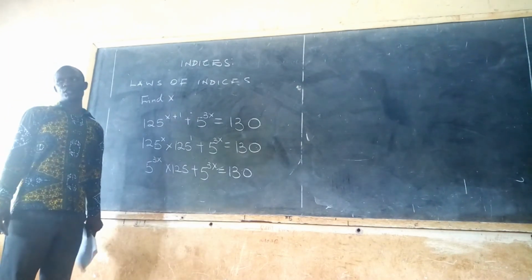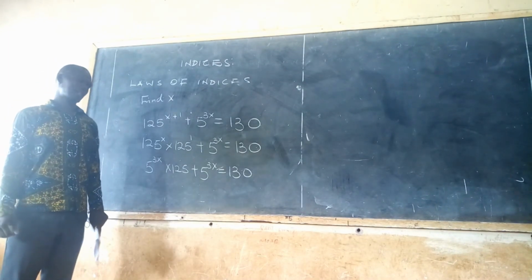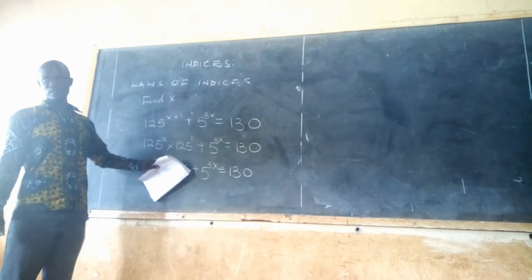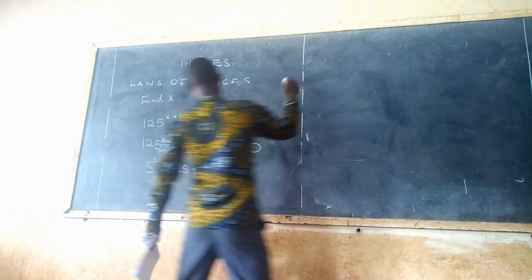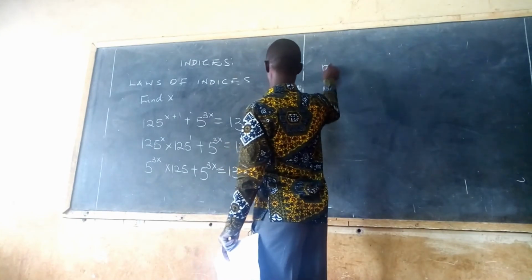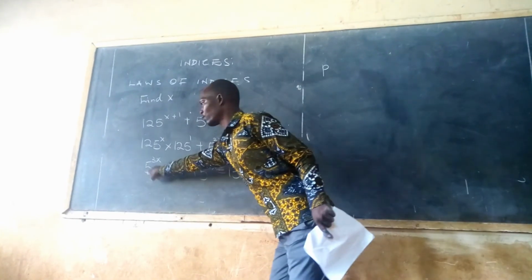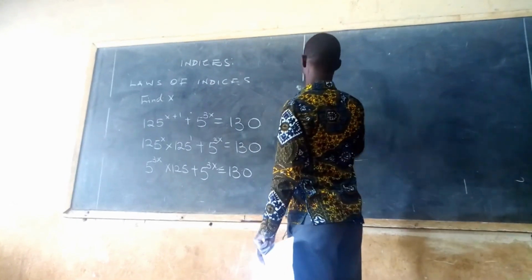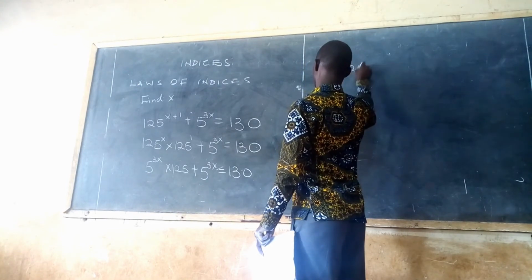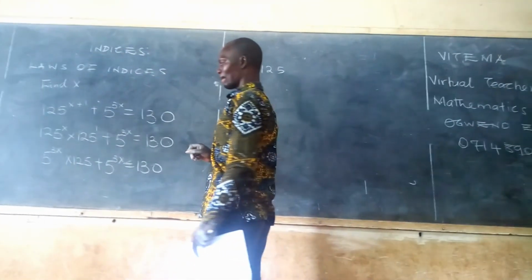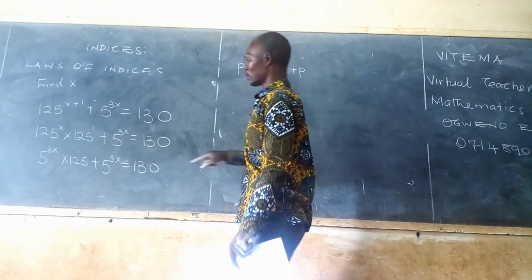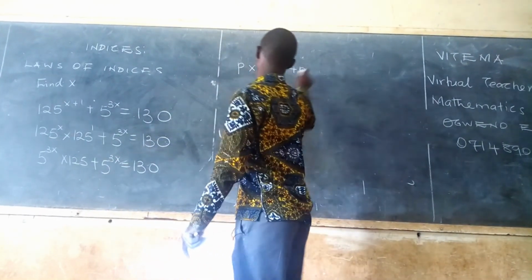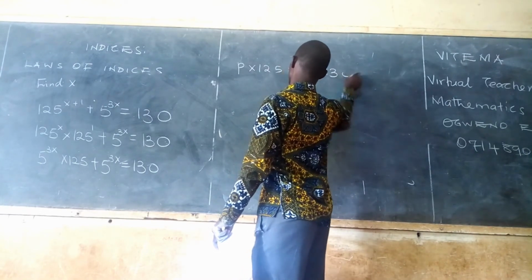I want to substitute with the letter P 5 to the power 3x because I can see it more than once. So what does that give me? I have my first P for 5 to the power 3x times 125 plus P, that is the second one, to give me 130.